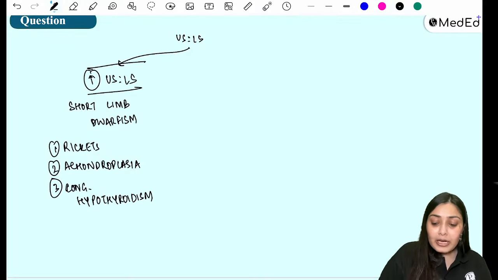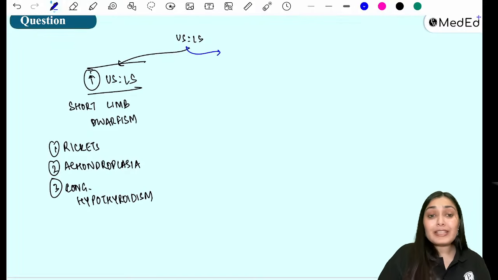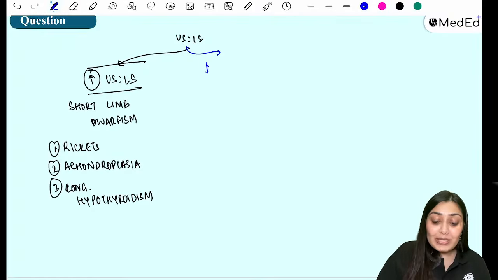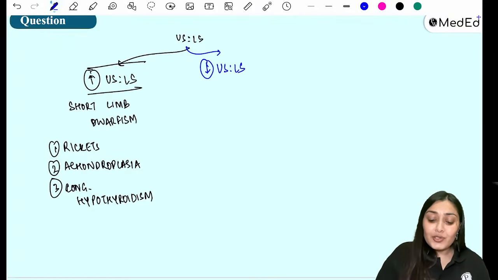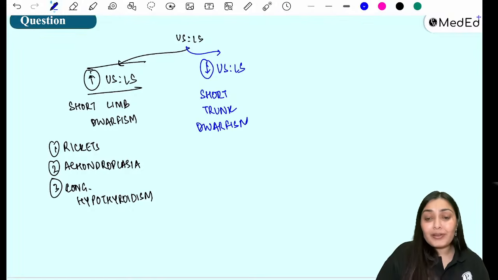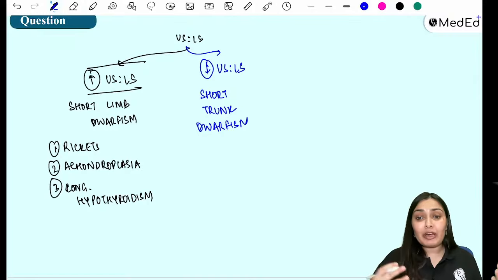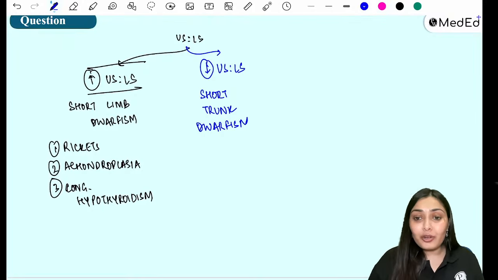Right? Then comes the other scenario where this upper segment lower segment ratio is actually lesser for that age. That means my trunk is short. This is short trunk dwarfism. And we all know our trunk is basically our vertebra and the rib cage. So any problem with the vertebra, any problem with the spine can lead to this short trunk dwarfism.